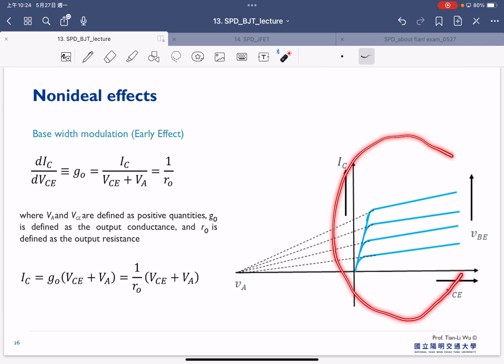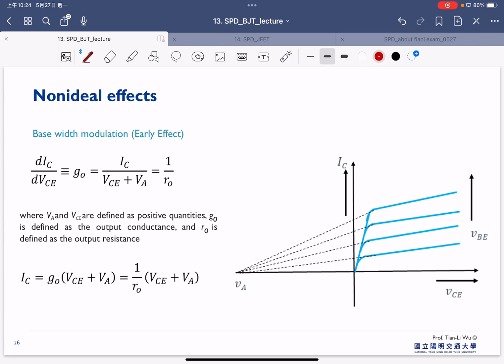Right now, you also have very similar results in the BJT here, that we just call the Early effect here. And then you can try to extrapolate the voltage here, that we call the Early voltage.